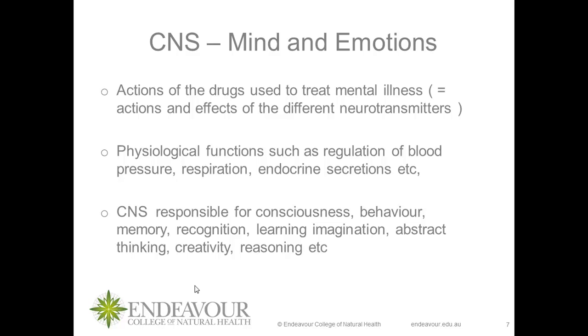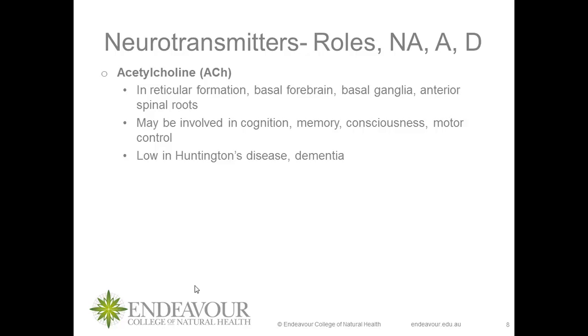It is to do with your mental state, that the CNS is one of the major controllers. So therefore, in mental illness, we want to look at the drugs that will affect the various neurotransmitters in the CNS that affect mind, emotions, and so on. So let's look at some of them in turn and some of the CNS functions where they mediate.